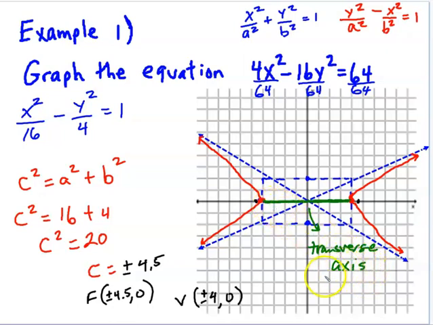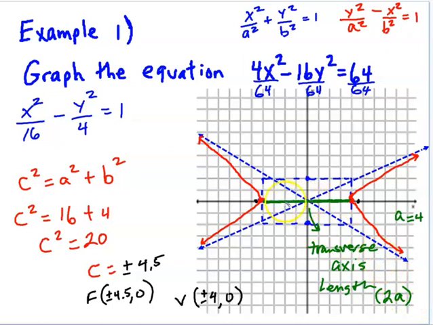So the length of the transverse axis: remember that a is the distance from the center to the vertices. So in this case, a is 4. It's 4 units from the center to each vertex. The length of the transverse axis will be 2 times whatever a is.